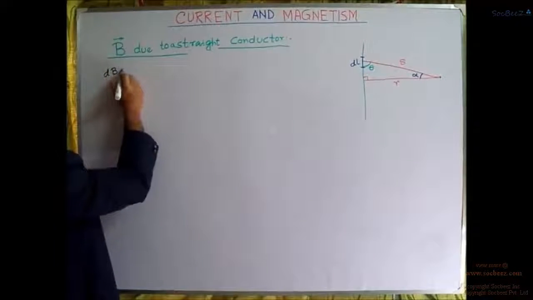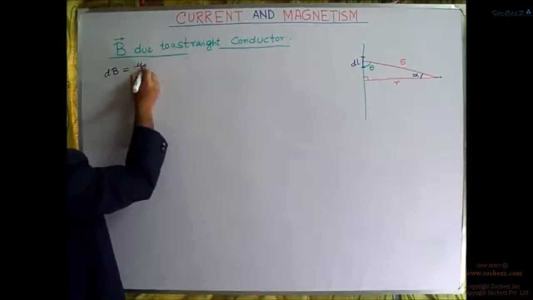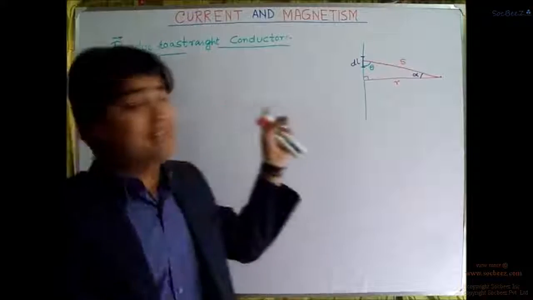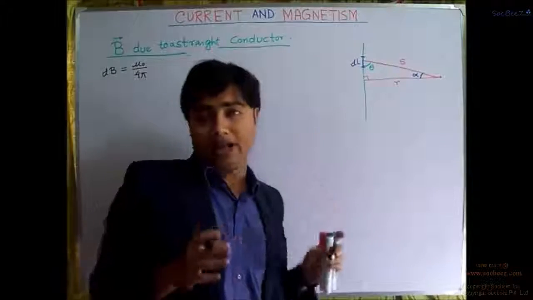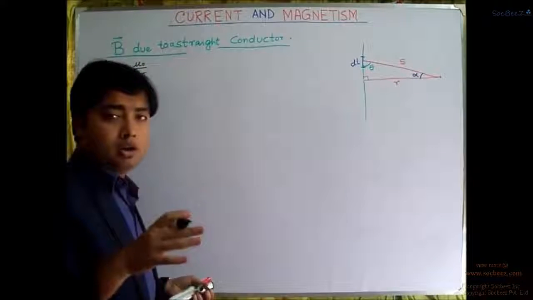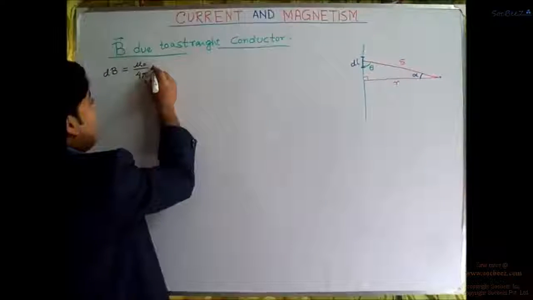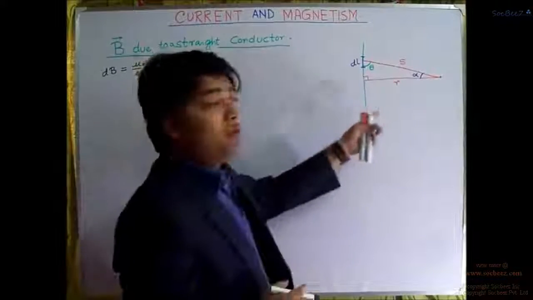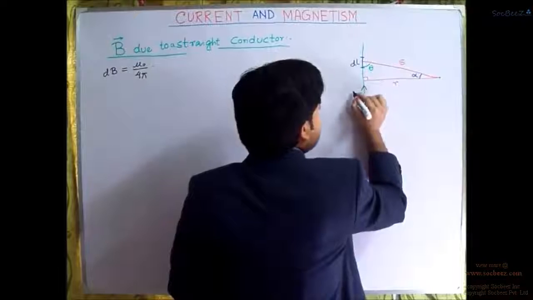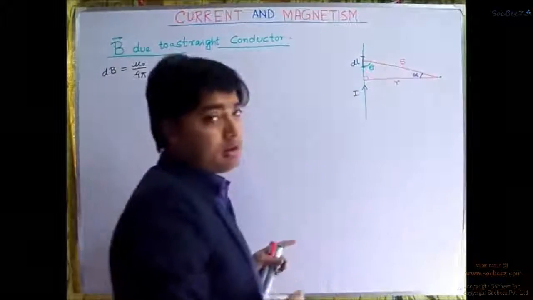dB is equal to mu naught divided by 4 pi. As we are taking the entire scenario in free space, that is the reason why the permeability we are considering is mu naught divided by 4 pi, multiplied by the current flowing through it. Let us take for example the current flows in this direction, I, right?